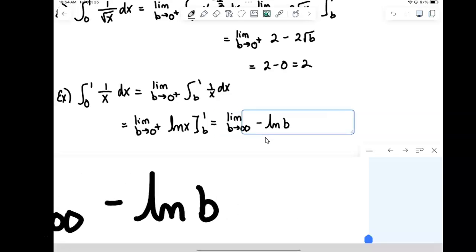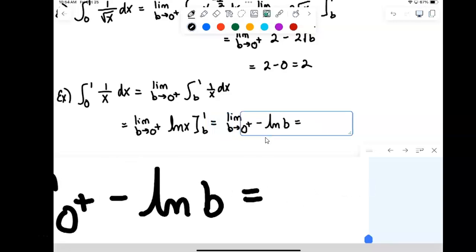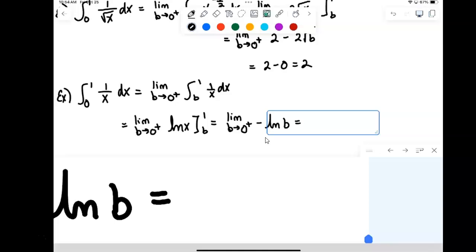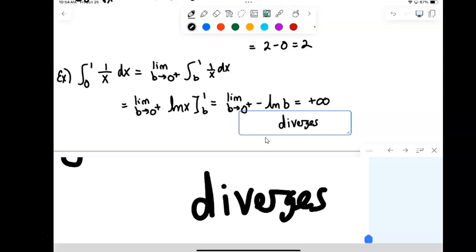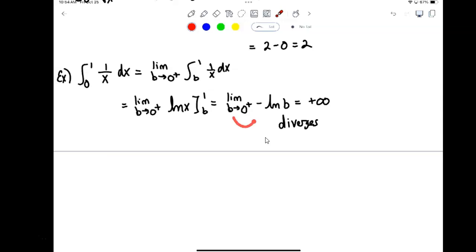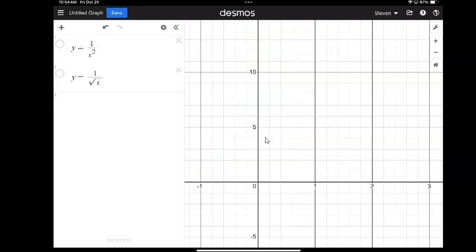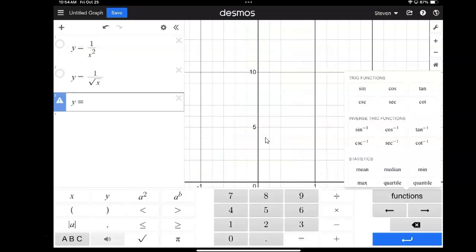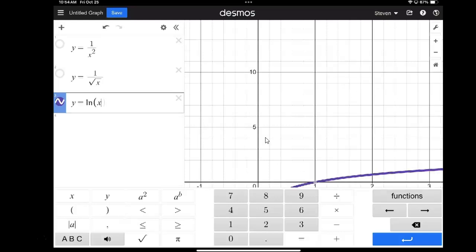And unfortunately, as b approaches 0 from the positive direction, the ln graph actually approaches negative infinity. So you get negative of negative infinity, which is positive infinity. This thing diverges. Again, as you approach 0 from the positive direction on the ln graph, just throw it in here real quick for you to see, right?